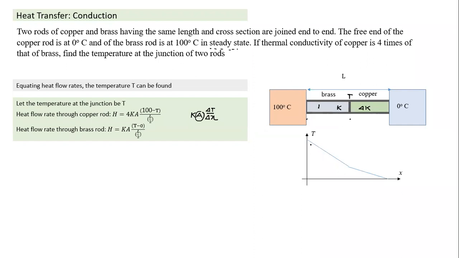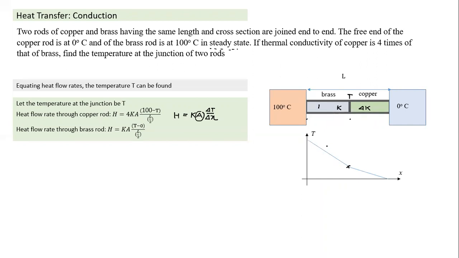So let's understand, if I plot temperature versus X, how would the curve look? What is the slope here? Since the heat flow is constant, the product of K and temperature gradient will be constant. So when K is 1/4, the slope will be 4 times.